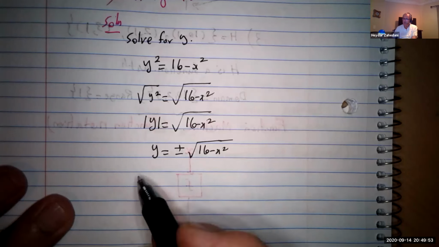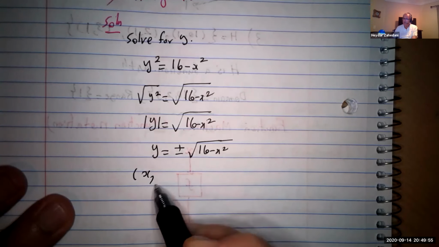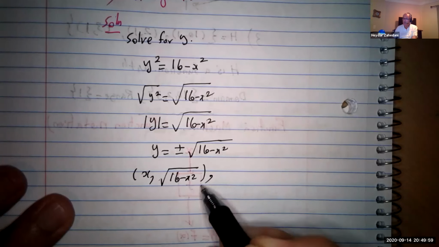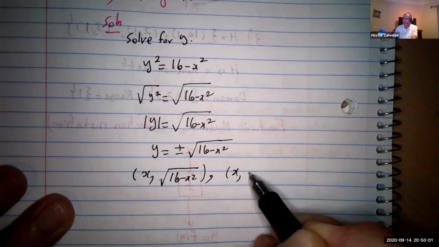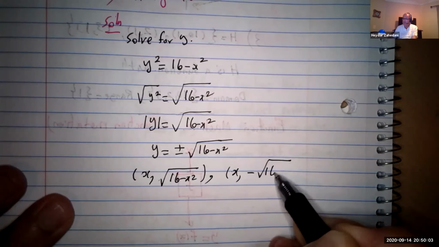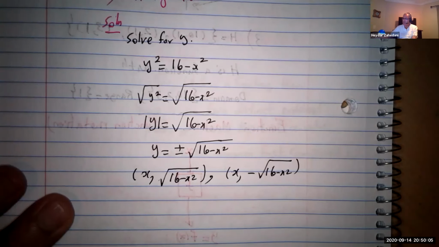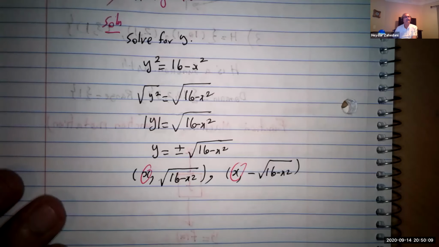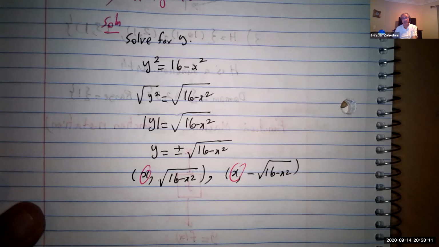You see why? Because I give you x, you give me y, which is the positive square root of 16 minus x squared. Then I give you the same x, you give me another y, the negative square root of 16 minus x squared. You see the sharing? They share the first component.